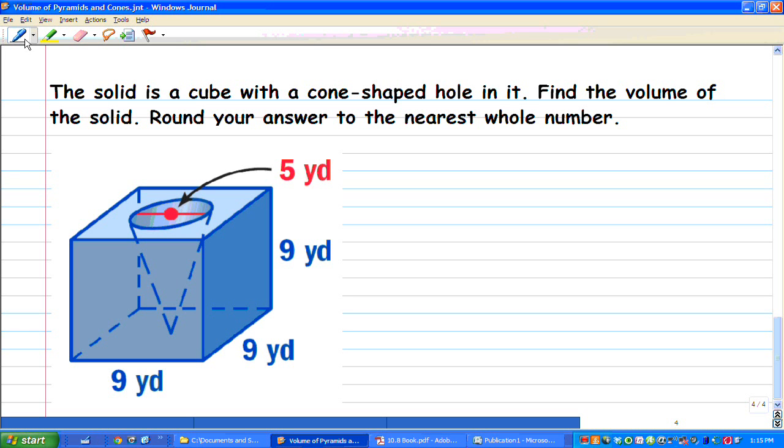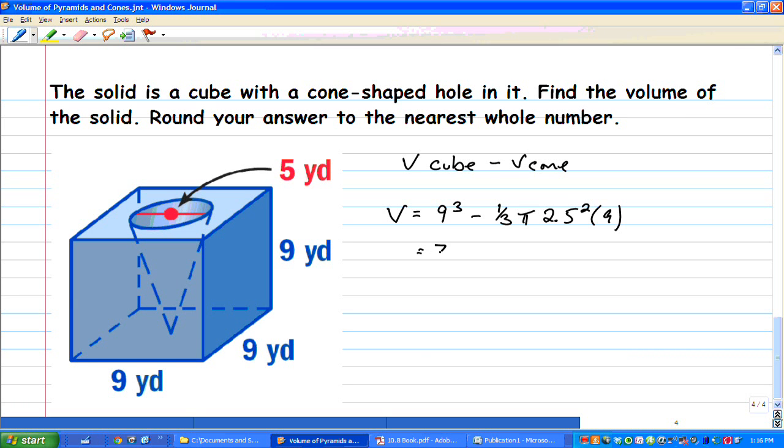Okay, for this one, we have the volume of the cube minus the volume of the cone. So, the volume of the entire shape, first of all, is the cube, which is just going to be 9 cubed. It's going to be the length times width times height, minus the cone, which is 1/3 pi 2.5 squared times 9.